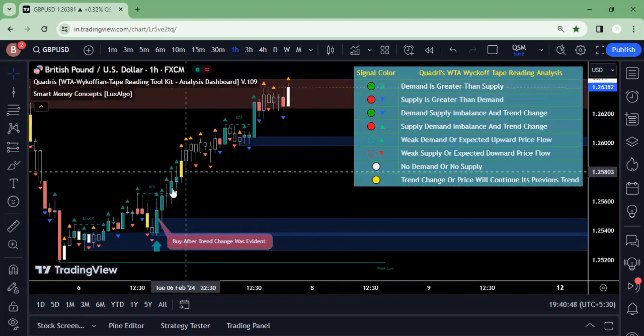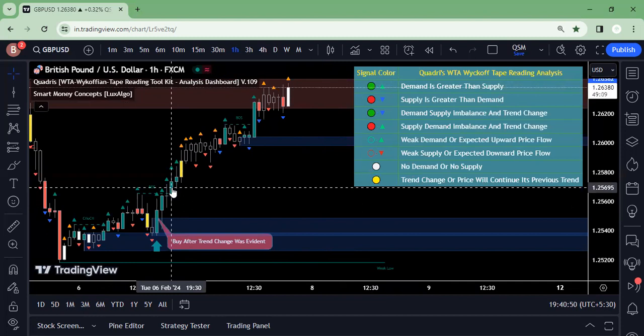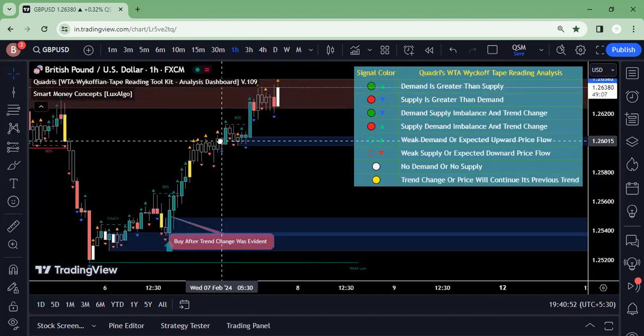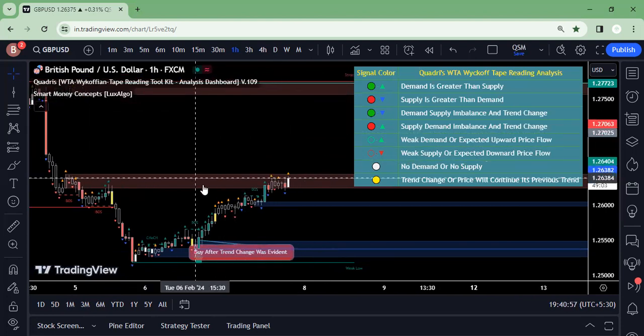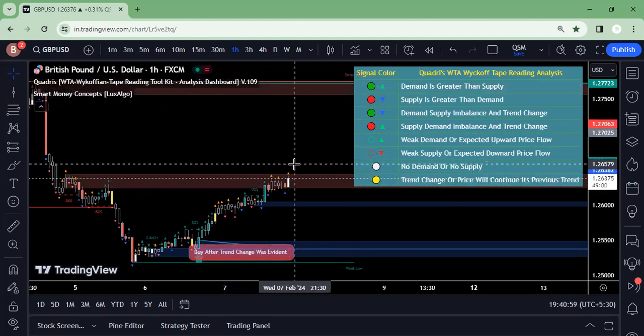If there is a no demand bar over here, that will not make any sense to us. But if we add any structure or any zones which you are using, that adds value to our trading and to your decision making.